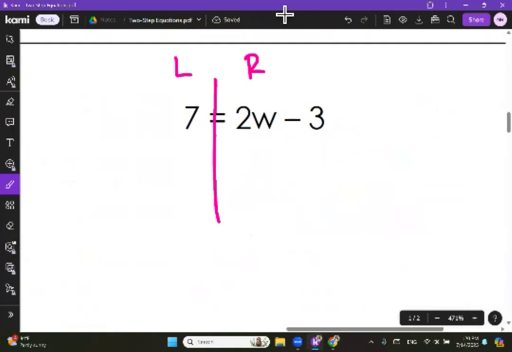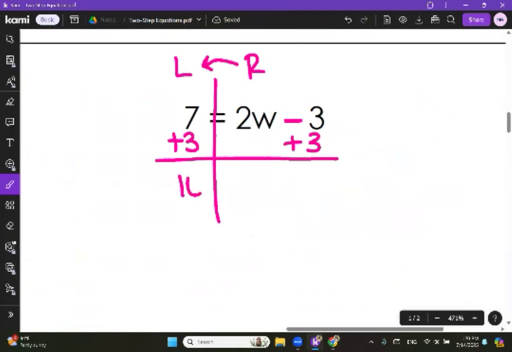All right, letters on the right, numbers move to the left. 2 and 3, 3 is your constant, it's the one without the letter. Minus 3 changes to plus 3. Draw your line to complete the step and clean it up. 7 plus 3 is 10.